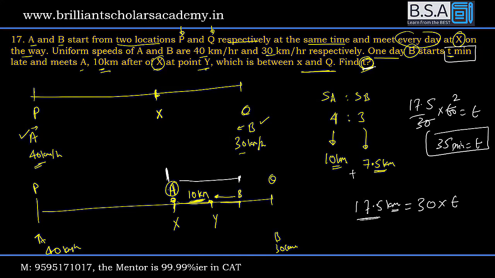B says, I'm reaching there. So A travels 10 kilometers. To match that, B will have to travel 7.5 kilometers. So when A is at X, B कितना दूर है? 17.5 kilometers. He is 17.5 kilometers away because he started late. How much late? T minutes.